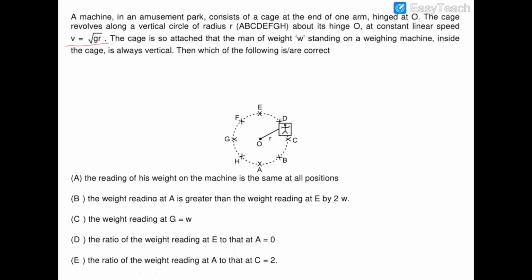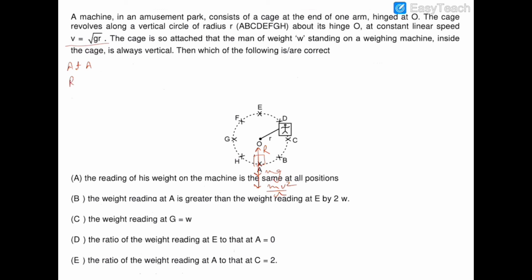Now let us examine this fact, that at point A we can say that mg would be acting in the downward direction, as well as mv square by r will be acting in the downward direction, and the reading R, normal reaction, which is also the reading of the weighing machine, will be acting in the upward direction.